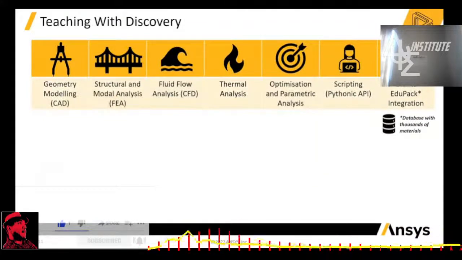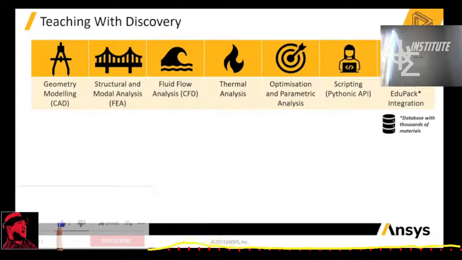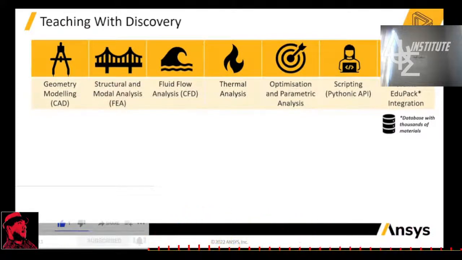It includes different functionalities in one single tool. This includes, for instance, geometry modeling, so your CAD environment, structural modal analysis, fluid and thermal simulation, but also some optimization such as parameterization, topology optimization, and scripting functionalities, as well as the integration with our material selection software from the Granta family, which gives you access to thousands of material data sheets to conduct realistic product design case studies.